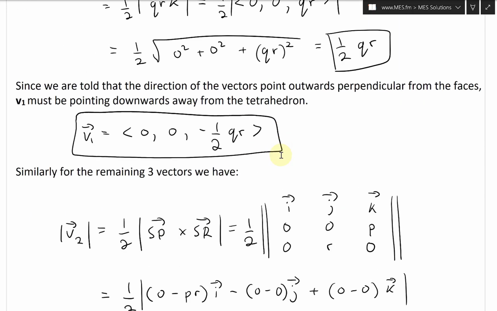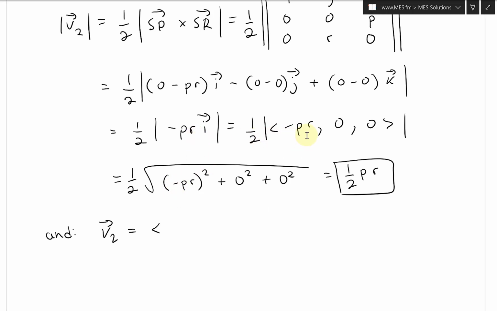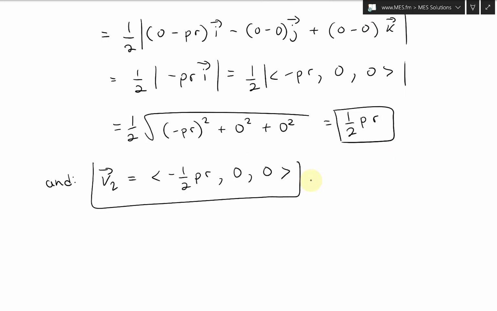So in fact, this cross product is the same direction that we are going to have. Then put the negative 1/2 inside. It's going to be negative 1/2 PR, and all other terms are 0, like that. And then when you take the length of this, you're going to get this right here. All right, so circle this.